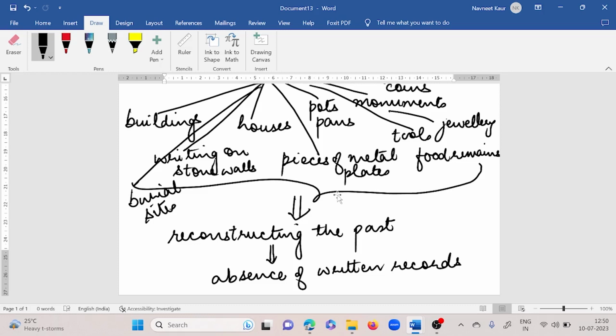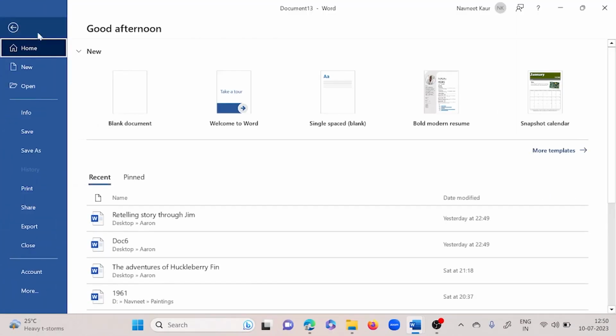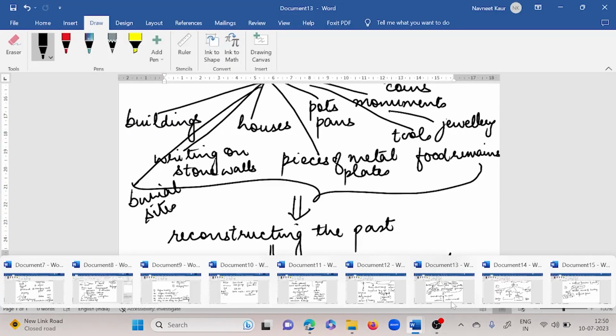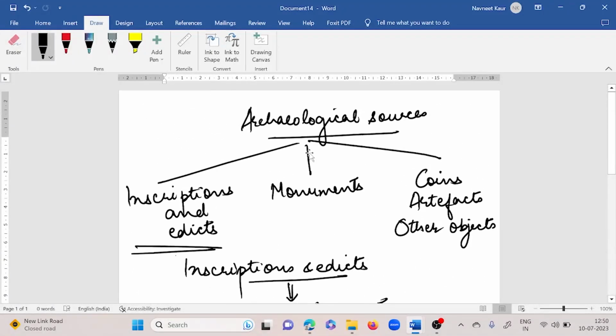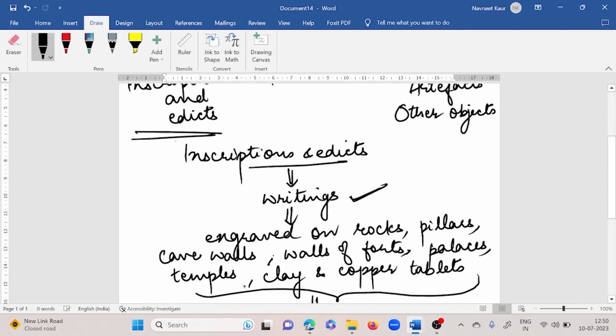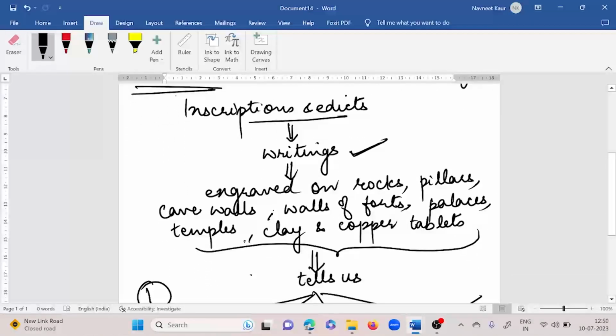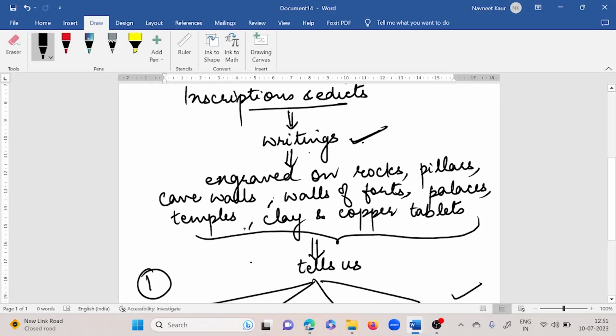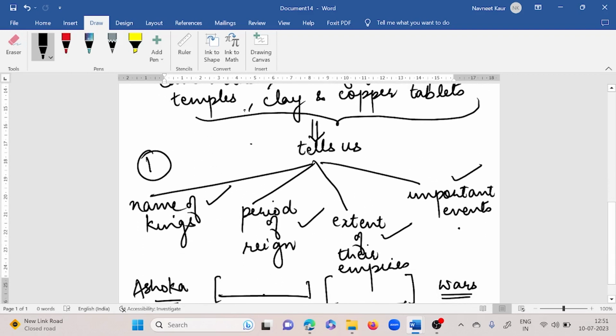They helped us in reconstructing the past in the absence of written records. These are three types: first, inscriptions and edicts, then monuments, and then coins, artifacts, and other objects. What are inscriptions? They are the writings engraved on certain places like rocks, pillars, cave walls, etc. And what do they tell us?